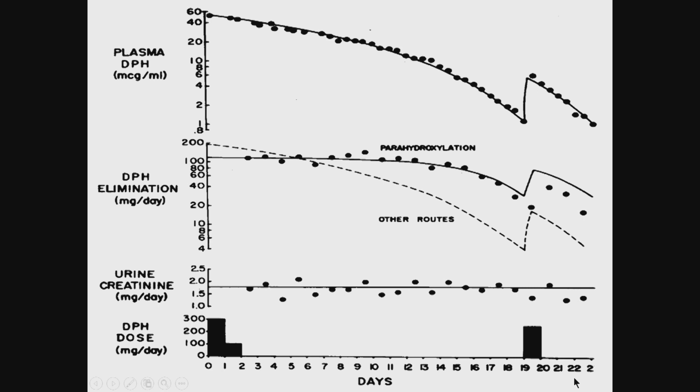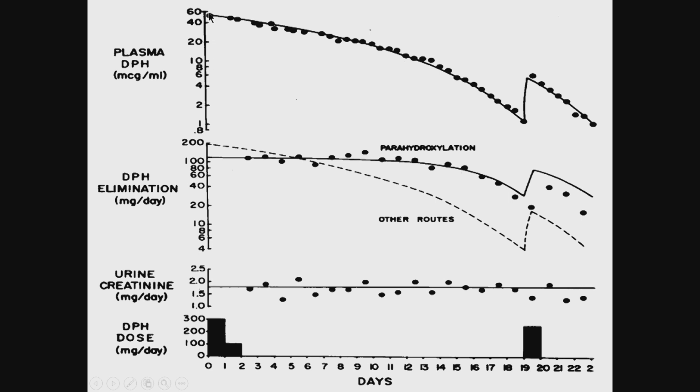And here we have an example actually from Dr. Arthur J. Atkinson Jr., who had the opportunity to study a patient with phenytoin toxicity. Very high levels of phenytoin were observed in this patient upon admission, and with signs of toxicity. Just to give you a reference, the therapeutic range for phenytoin is typically 10 to 20 micrograms per ml.